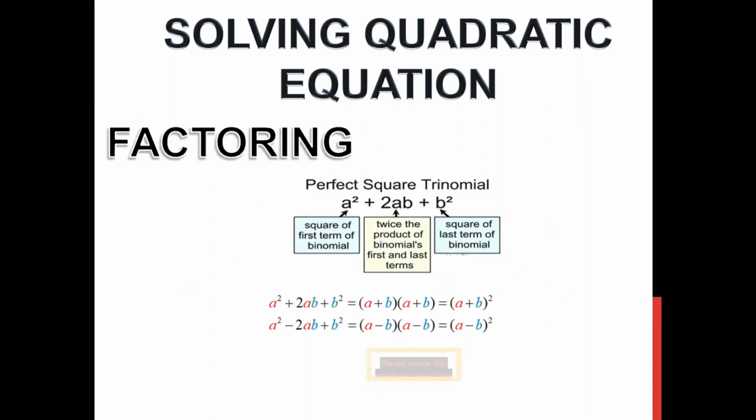Next, under the factoring methods is the perfect square trinomial. In this case, we need to check the three terms in our equation. The first term should be a perfect square, and the last term should be a perfect square.